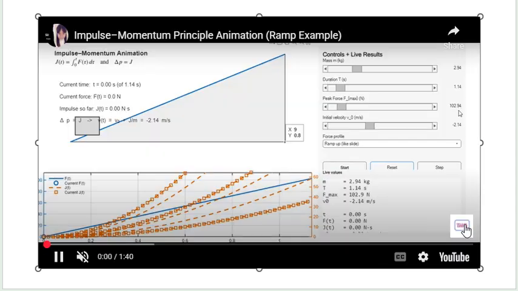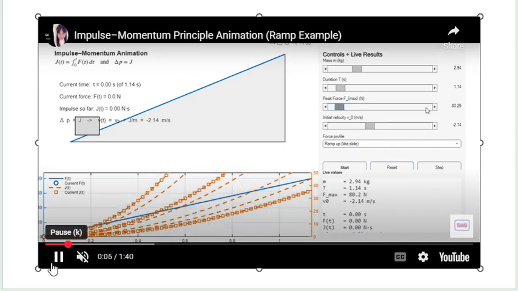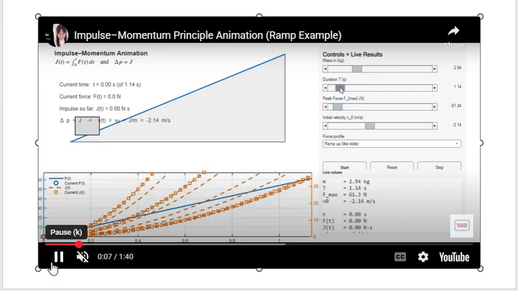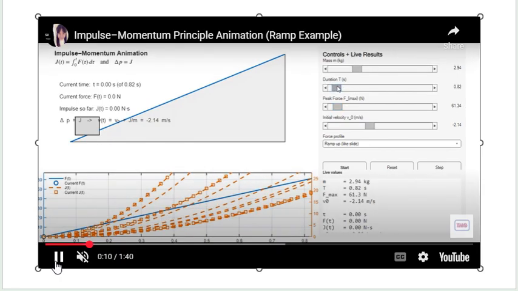Here it's a little bit more complicated graph in the simulation, and this is what we use all the time to study many different kinds of variables and factors. Here we are playing with the mass, the distance, and momentum, and we're drawing your force, and then this block is going to go up. Your impulse and the change in momentum equal each other, and they don't change.